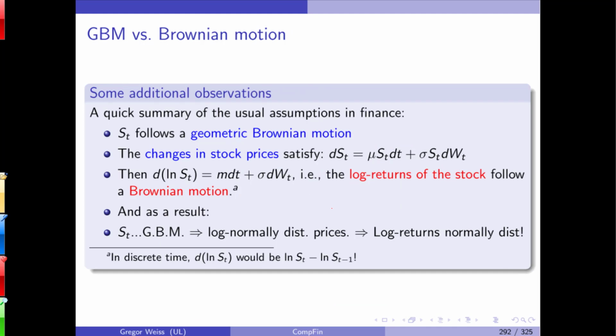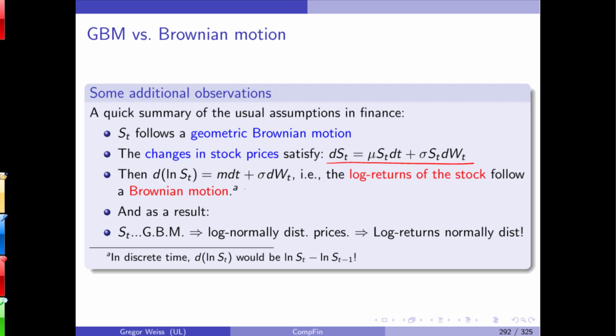And what does that mean? First, S_t is usually assumed to follow a geometric Brownian motion. Stock price, geometric Brownian motion. That implies that the changes in the stock prices follow this process. That means the log returns follow a Brownian motion or a Wiener process.